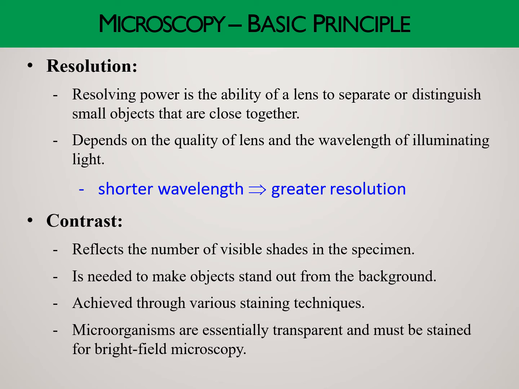The shorter the wavelength, the greater the resolution. Next is contrast, which reflects the number of visible shades in the specimen and is needed to make objects stand out from the background. We can achieve this by using various staining techniques.